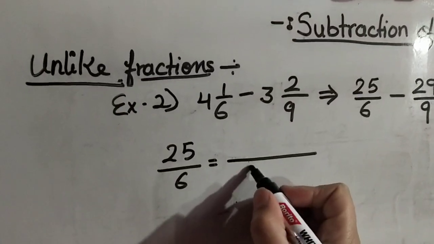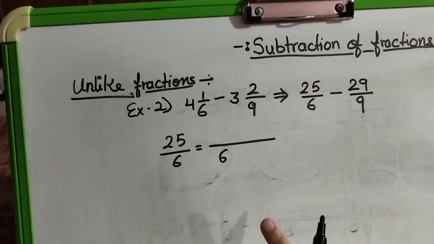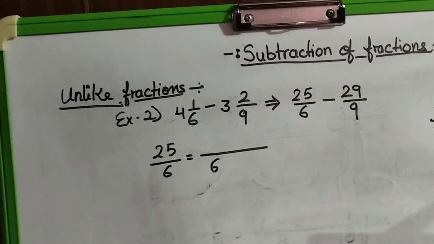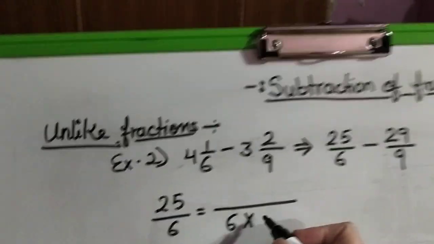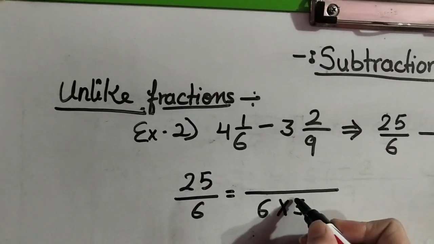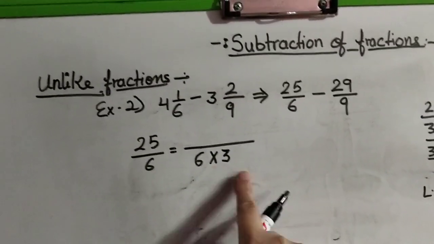The next step, 25 upon 6. Now you have to convert your 6 into 18. Read the table of 6 where 18 comes. By which number will you multiply 6 to get 18? Of course by 3. 6 3s are 18. Why are we doing this?